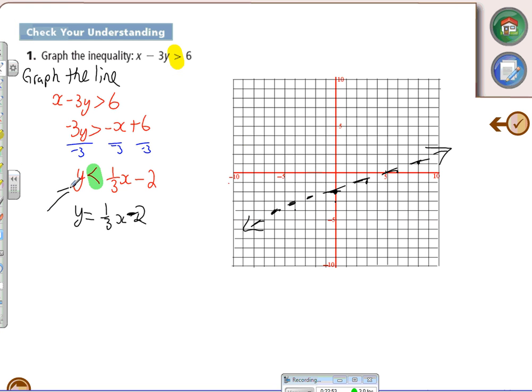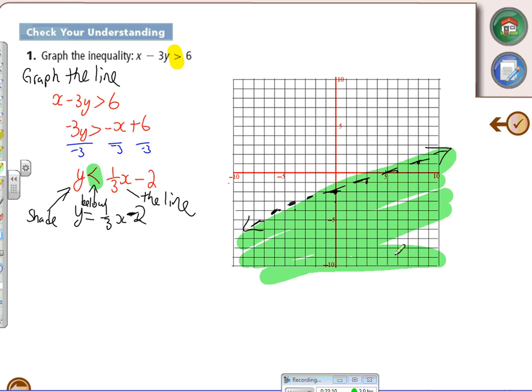Shade below the line. So we're just going to shade everything below the line.